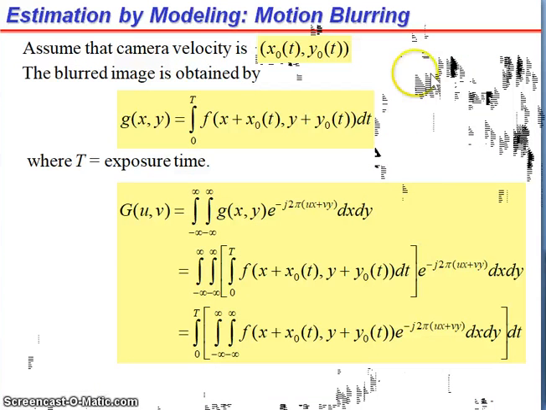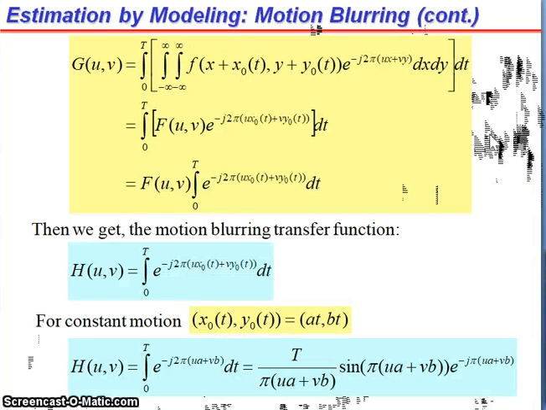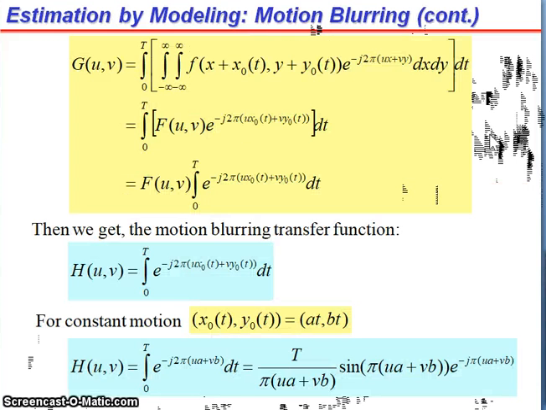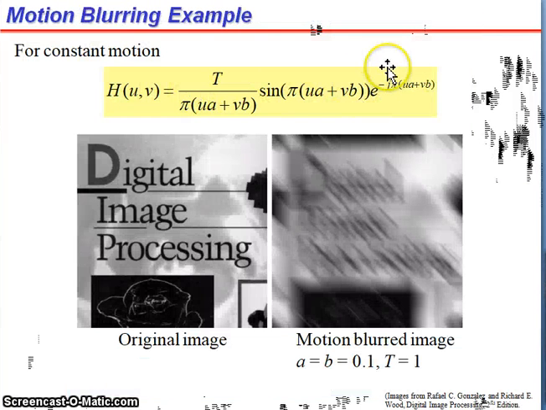Here is just an example for motion blurring. This is from a particular analysis, not important from the BTech point of view. Based on motion blurring, from particular observation, we can apply certain analysis on that, and I can get the mathematical equation like this. After solving for the particular H of u comma v based on certain methods, this is the equation.